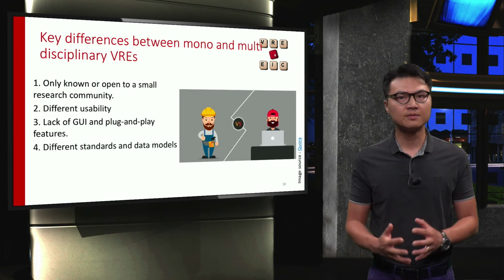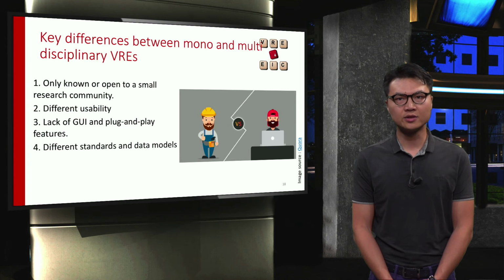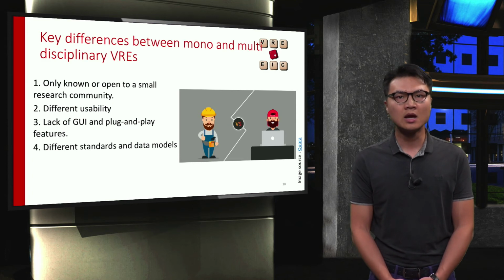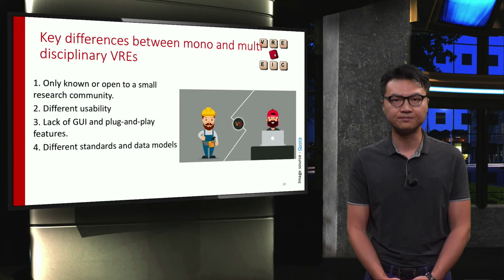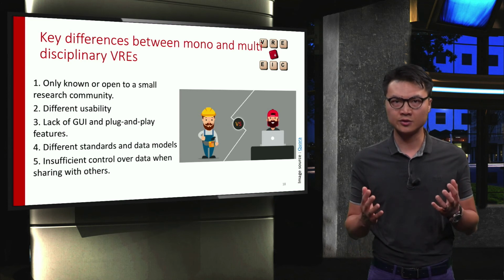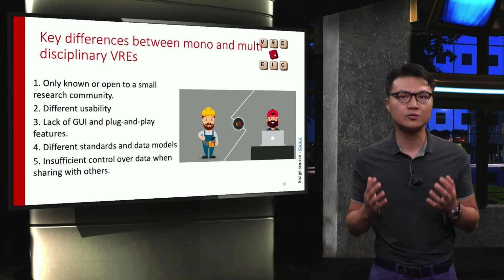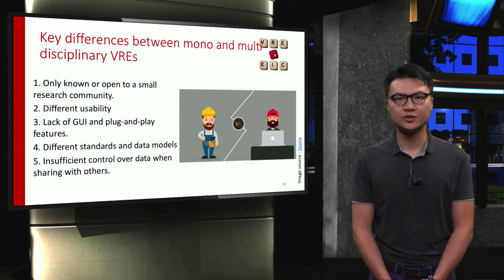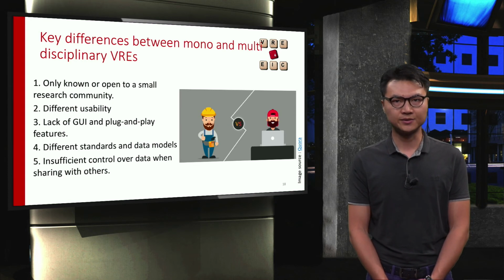In multidisciplinary research, researchers need to combine data from different research domains with interoperable data processing tools. Our research showed that researchers do not want to encounter errors when they put the data in the VRE system. Researchers also expressed their concerns related to the control of their data if shared with other researchers. They want their work and data to be acknowledged and properly referred to when used by others.